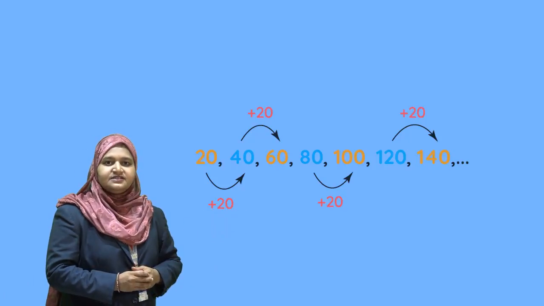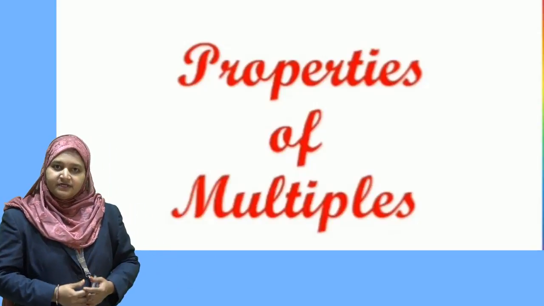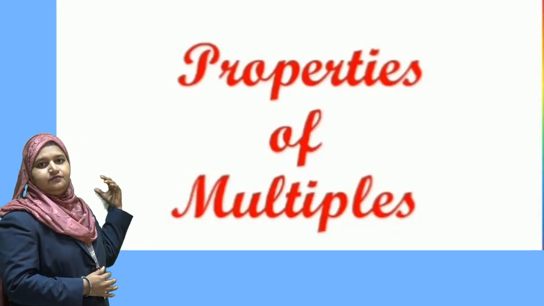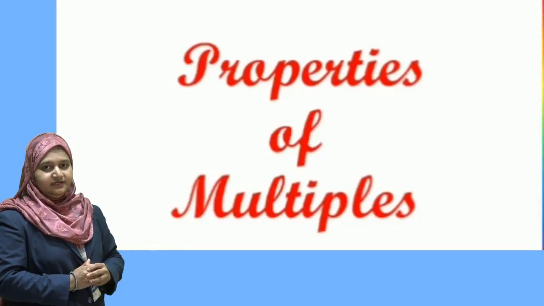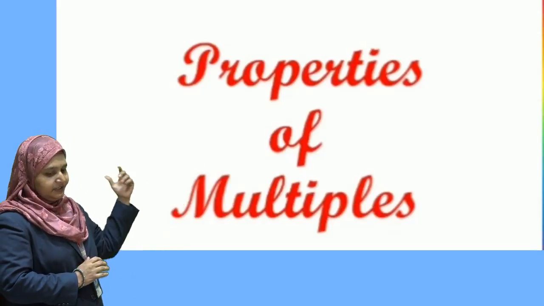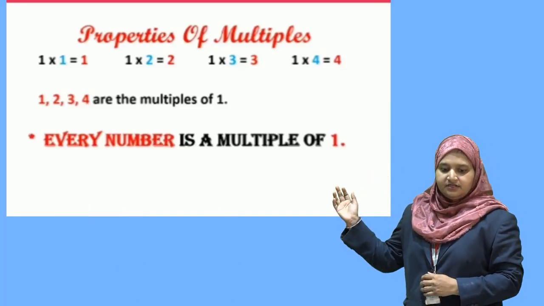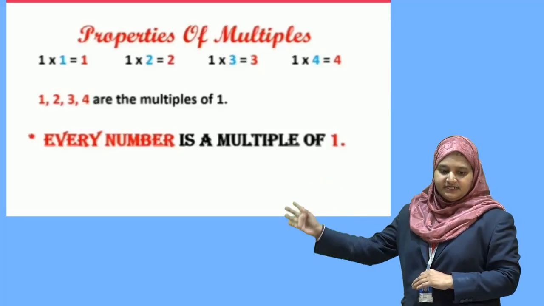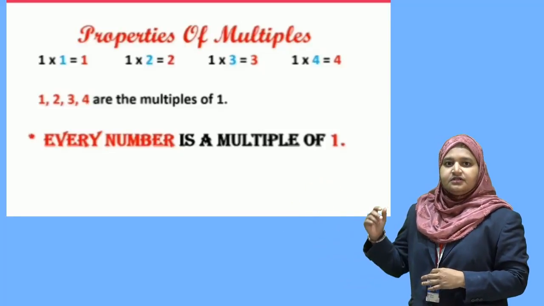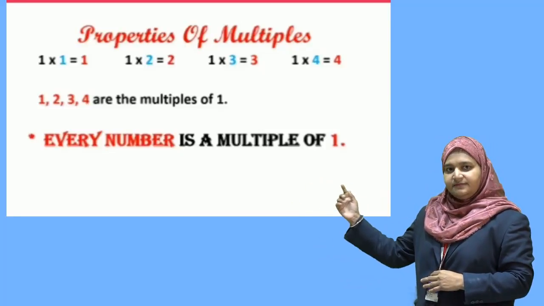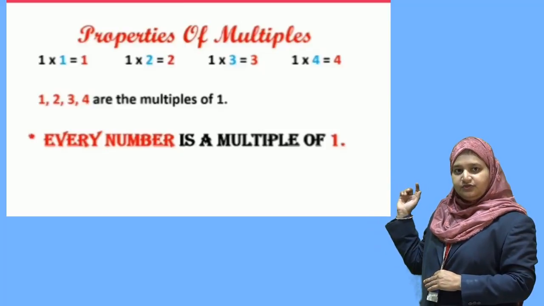So from this we can write a few properties of multiples. Let us see what are the properties of multiples. First property of multiples: every number is a multiple of 1 and a multiple of itself. For example, if I write 13 multiplied by 1, that is equal to 13.